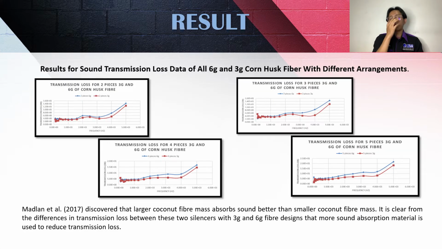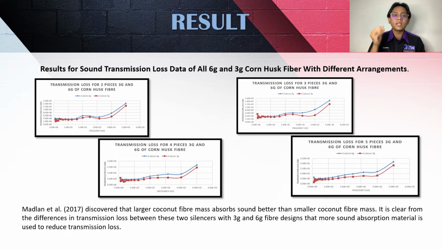And the next result is the transmission loss data for all 6 gram and 3 gram cone husk fiber with different arrangements and also mass. Overall, we can see that the 6 gram cone husk fiber has better transmission loss than the 3 gram cone husk fiber.